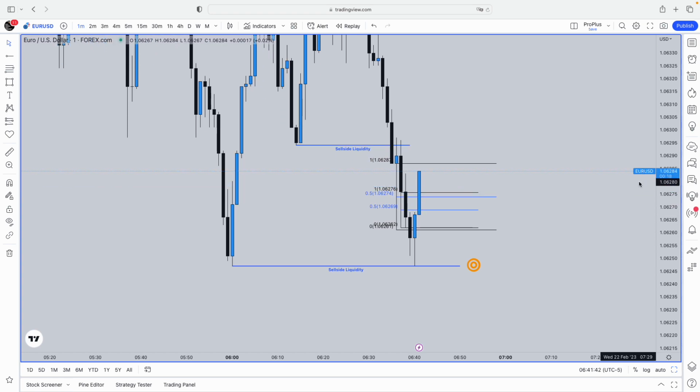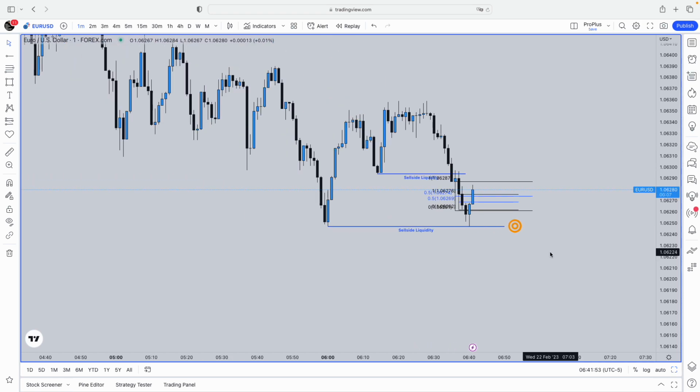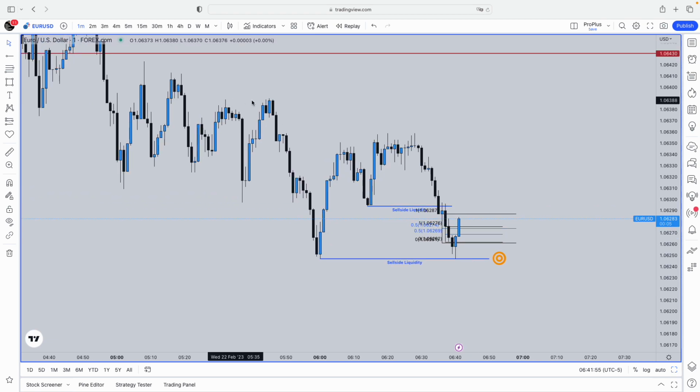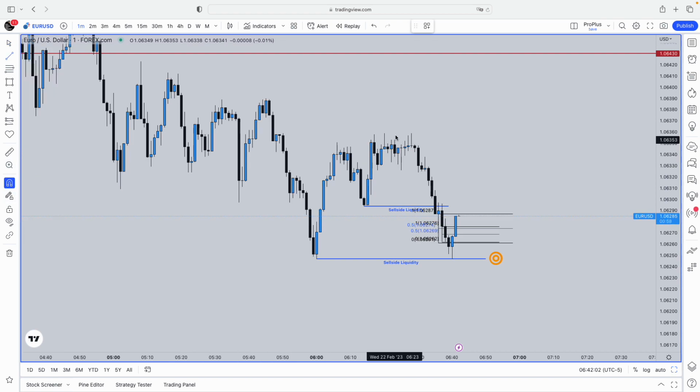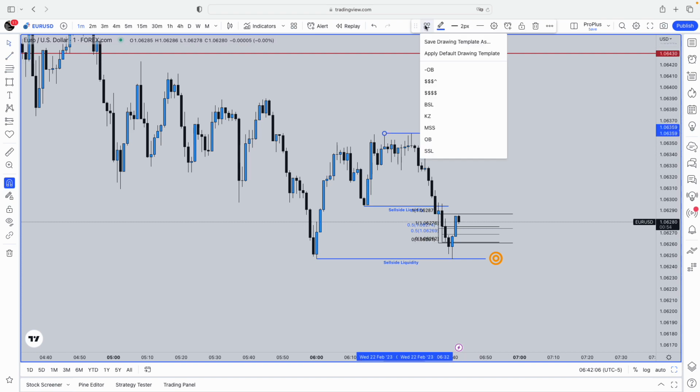Now that's equal lows. That's outside liquidity. So that's definitely what you want to target. Could potentially want to run these buy side now. Here. As well.